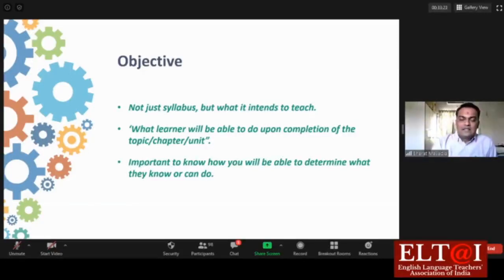While we are deciding on the objective, we must always keep in mind how we will be able to determine what they have learned. It's important to keep the end in mind as we start. Keep the assessment in mind as we start. I'm sure Scott is going to take that in real big depth.